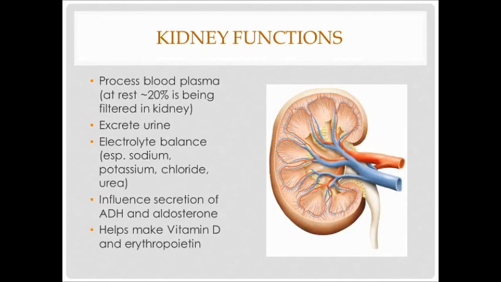So in this way, the kidney kind of functions as a feedback mechanism for ADH, because when we need to get rid of more fluid, it might tell ADH that it needs to stop being secreted by the posterior pituitary.